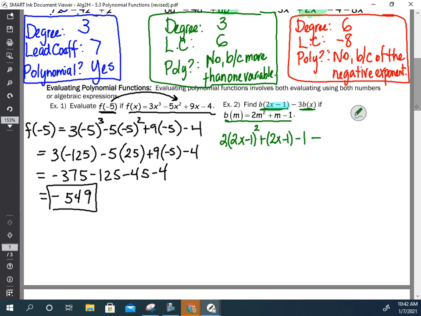Minus 3 times, now take x and plug it into the same function. Now we've plugged everything in.